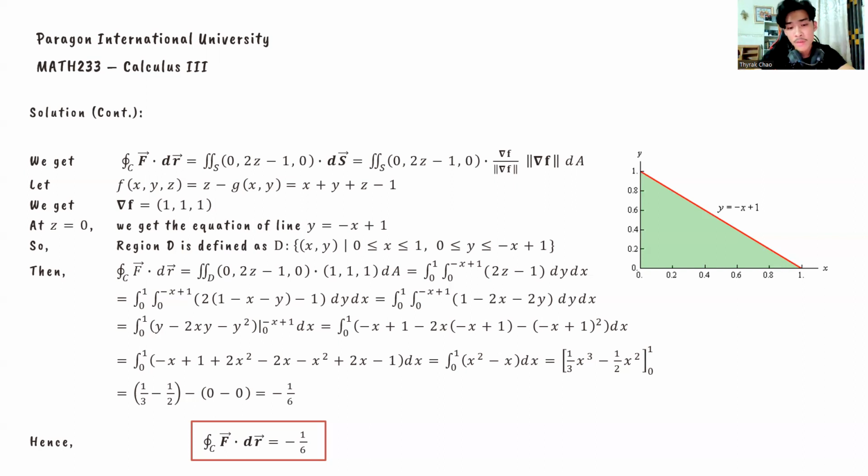We get the integral from 0 to 1 of y minus 2xy minus y squared, from 0 to minus x plus 1, dx.